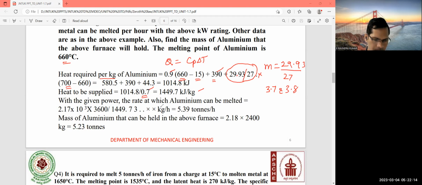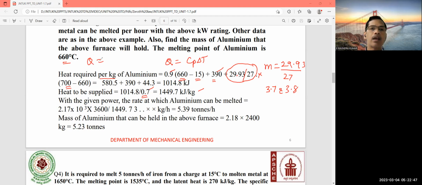With the given power, the rate at which aluminum can be melted, you can find out from this particular formula, Q is equal to that value.